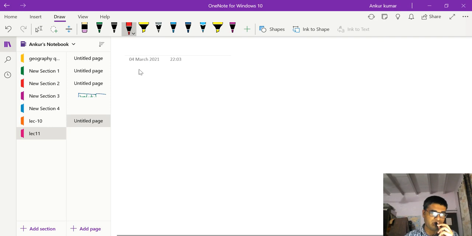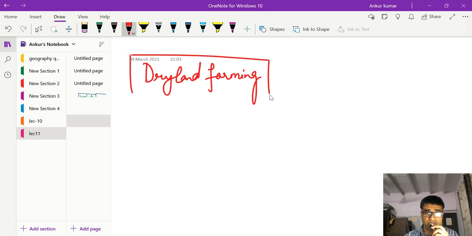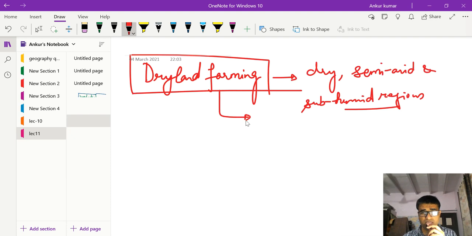It is dryland farming. Now what is this dryland farming? The farming which is done in the dry, semi-arid and subhumid regions, regions which experience rainfall less than 75 centimeter.